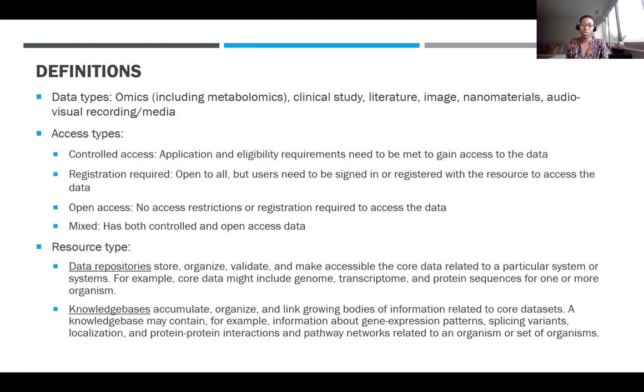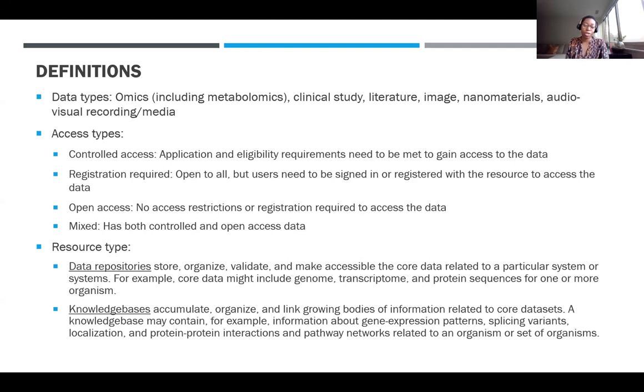A couple of definitions, because I'll use them as I go along. The data types are the different data types that exist in the repositories that we looked at. These go from omics data to clinical study, literature, image, nanomaterials, audiovisual, etc. And access types, we broke down into four types: controlled access, in which users have to apply and meet eligibility requirements to gain access to the data.